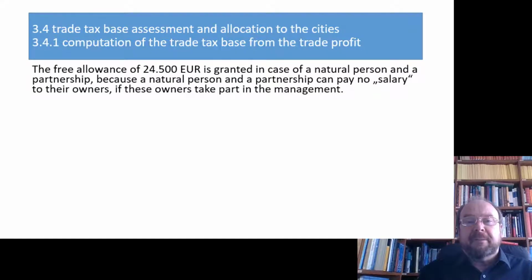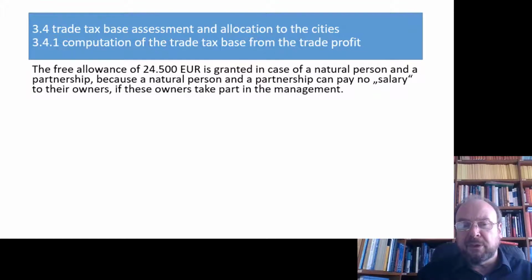So allow me a remark on that free allowance of 24,500. First, that's a very uneven amount. It goes back to 48,000 Deutsche Mark 20 years ago or so. And it was meant as a kind of equivalent to that salary of a natural person who works as a manager in his or her own enterprise.